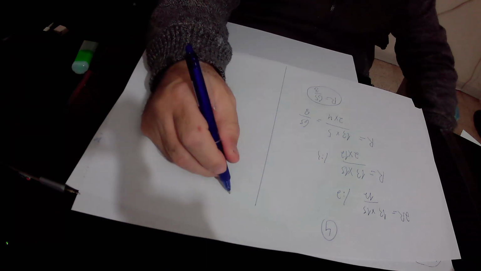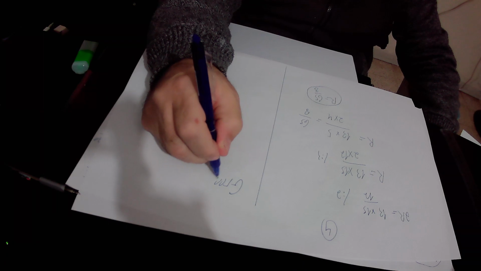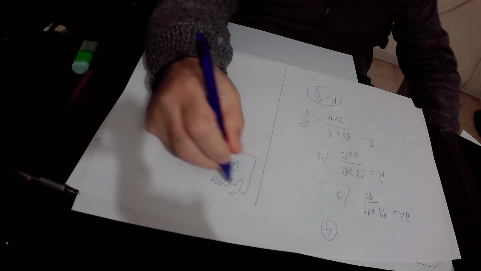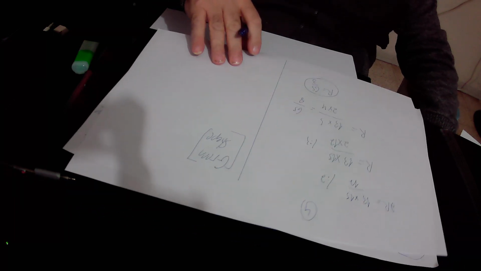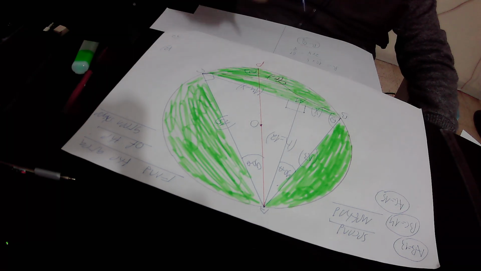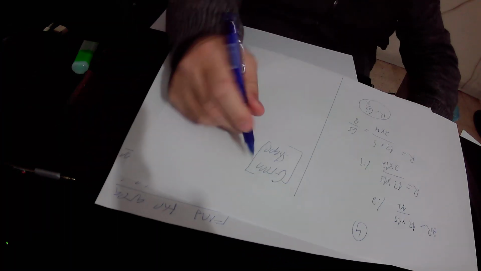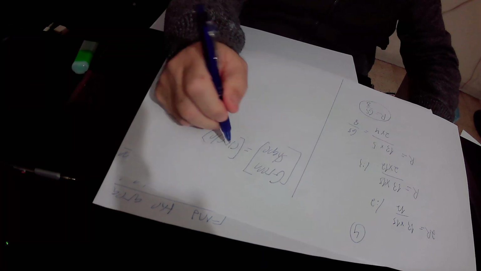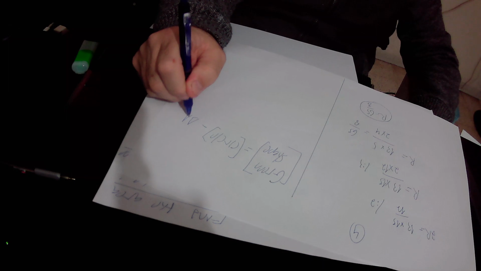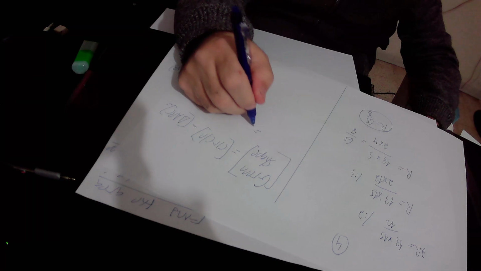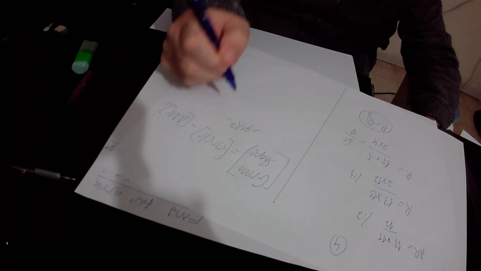And the area of the green shape in total, from the drawing it is very easy to see, equals the area of the circle minus the area of triangle ABC.